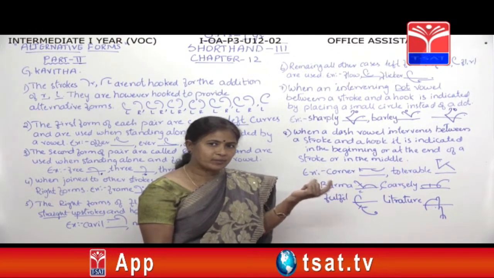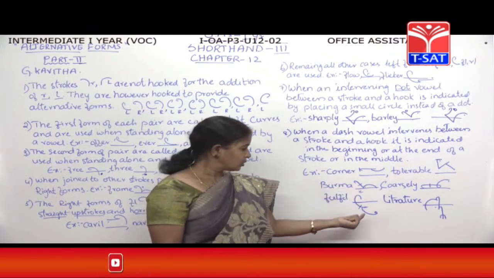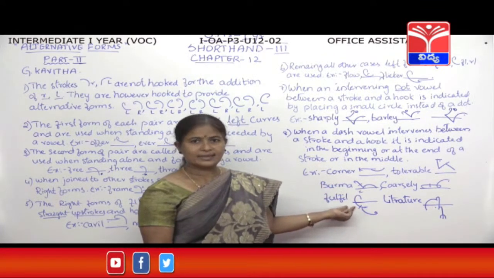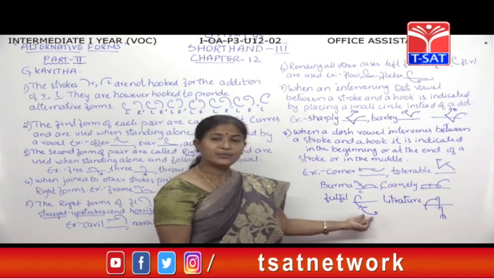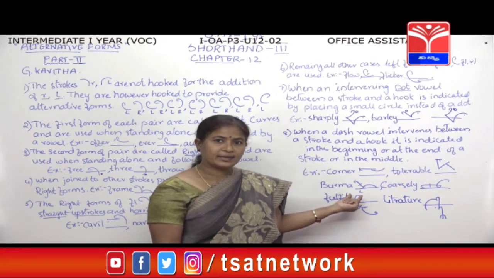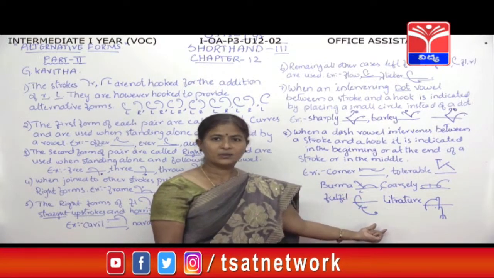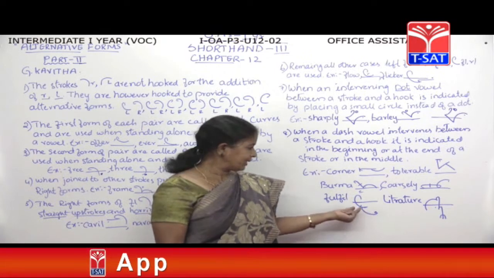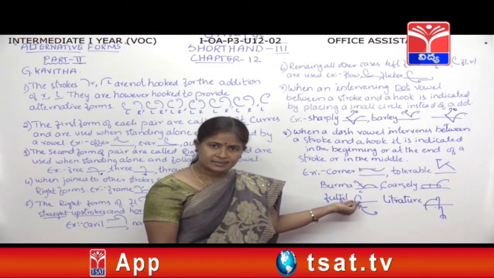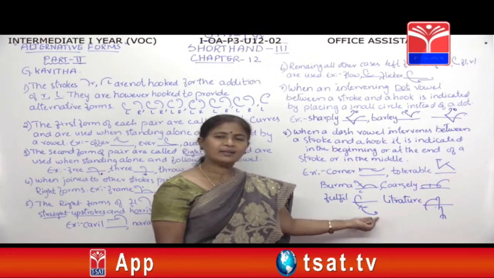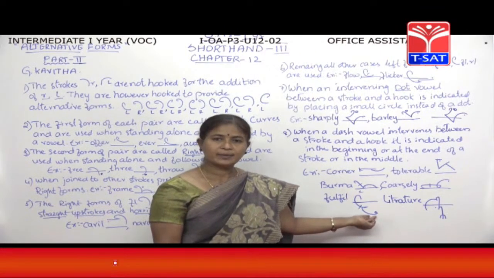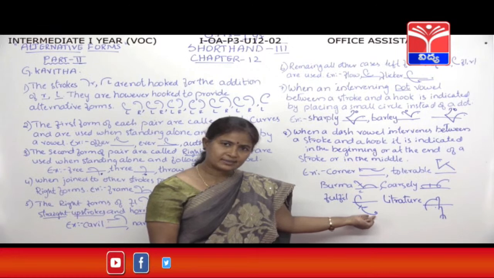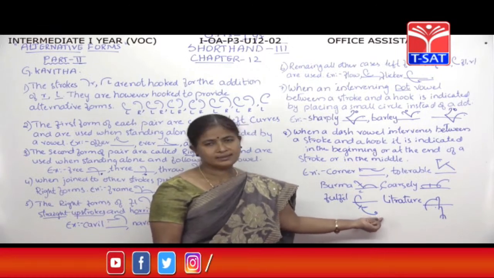Full, because it's coming in between F and L. So in the third place, we intersect this dash vowel. Okay, again fill. In full, we are getting a dash vowel, and in fill, we are getting a dot vowel. So for the dash vowel, we intersect it here, and in fill, F and E, a third place vowel is coming. So we place this small dot circle in the third place.